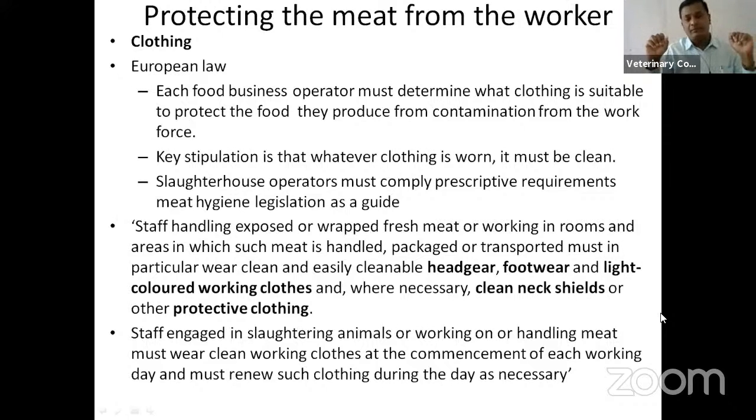There are 2 ways. Usually our perception is that this is going to protect the worker from contamination or infections. That's one way, correct? But a still more important role this plays is avoiding the contamination of the meat.